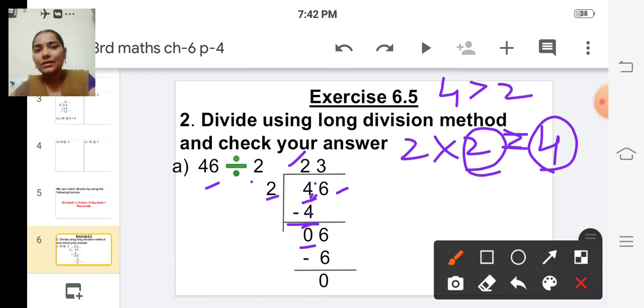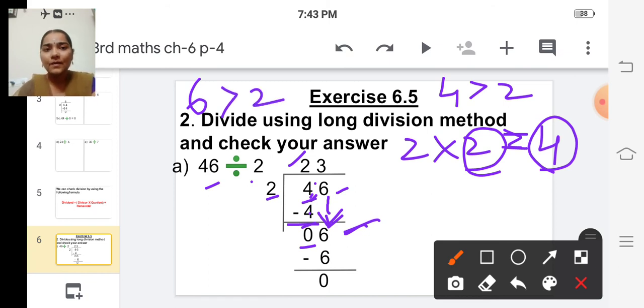In the next step you have to bring down this 6 here. So here the dividend is 6. 6 is greater than 2, the divisor. So we can divide. How many times will it go in the second table? 3 times, isn't it? 2 threes are 6.